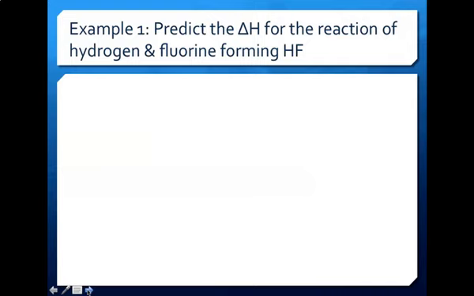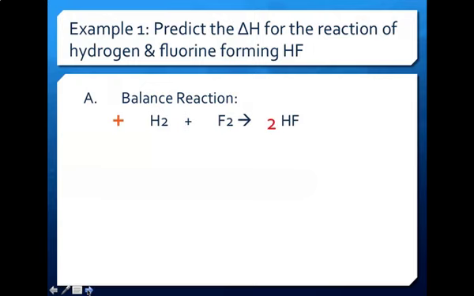Yep, so both the hydrogen and the fluorine are diatomic molecules. So I have H2 plus F2 forms HF. Is that balanced? No. What do I have to do to balance it? Add a 2 in front of the HF. Perfect. Now I have a balanced reaction. So I have 1 mole of H2, 1 mole of F2, and 2 moles of HF.